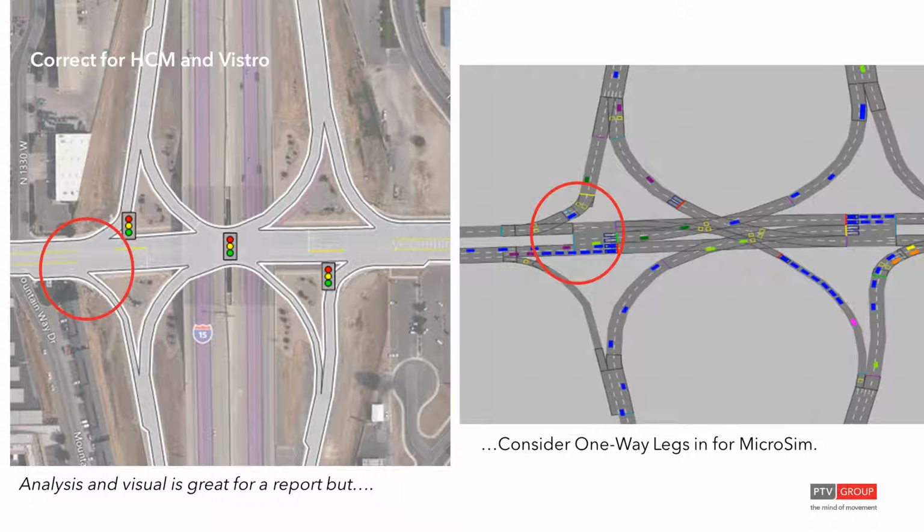So if you want to take the SPUI that I have in the schematic form on the left side and put it into micro simulation, you start running into a few issues. And one of the issues that we have is where I have circled on the Vissim model and where I have circled on the Vistro display, where the rights come in and come off. This creates one really large intersection here.